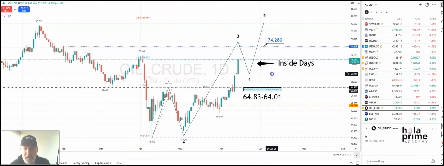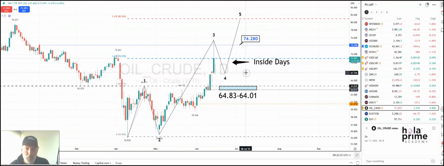So what I believe is going to happen for US crude oil is that we will consolidate. Okay, this is obviously the Friday candle. It's a big wide ranging candle. We'll probably close up towards the high of the candle, up around previous swing high, which is at $72.04.